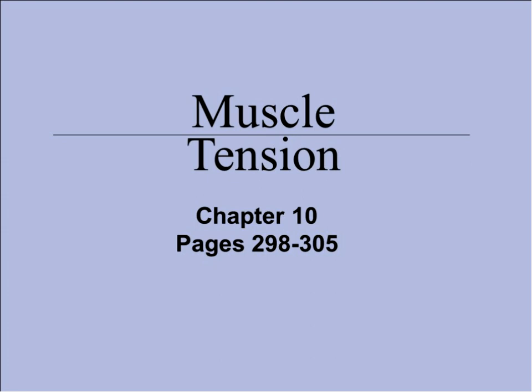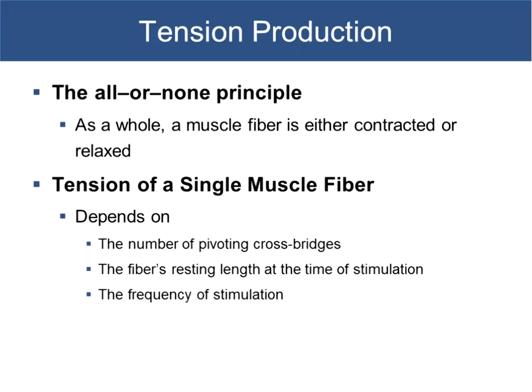We're still in chapter 10, and even if you're in the new textbooks, you should be looking over into the next section. It should flow nicely and organically into the muscle tension segment of your book. So muscle tension follows the all or none principle.